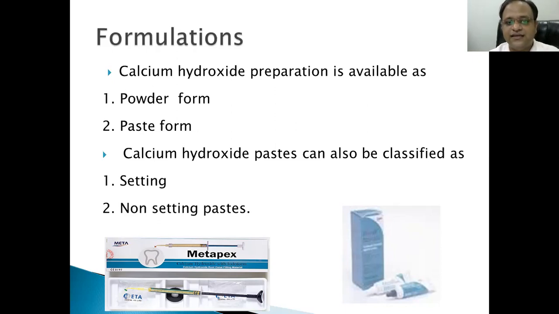So it helps us decide what kind of prognosis the case has and how we should follow. So it's a very good diagnostic tool. Please remember, in today's current times, calcium hydroxide can be used as a diagnostic tool also. Let's move to the next slide.